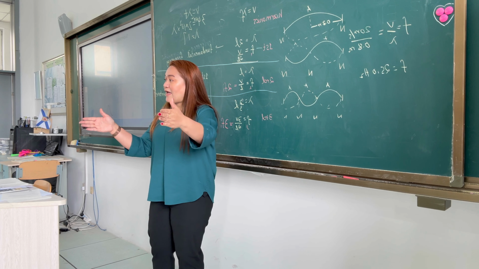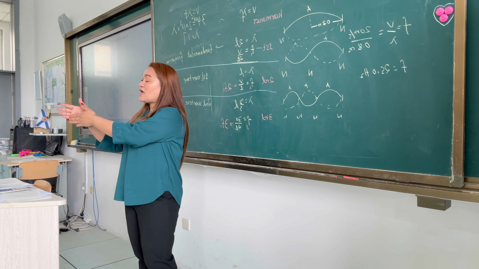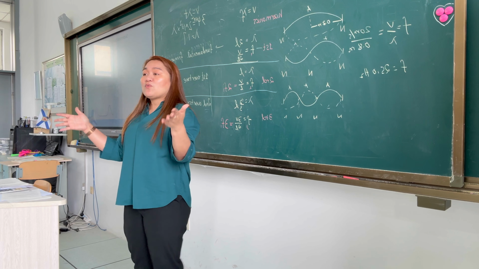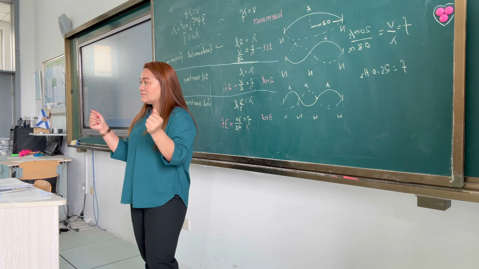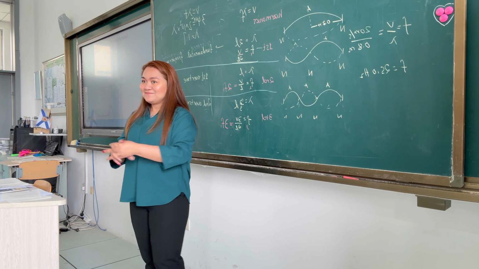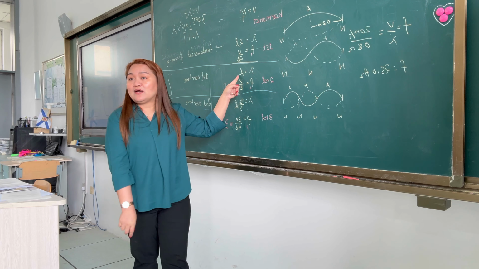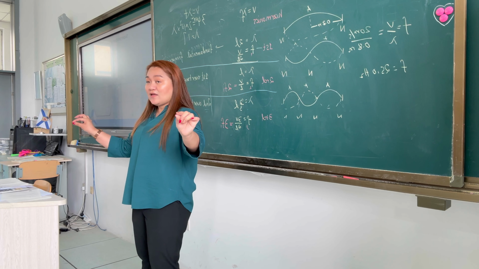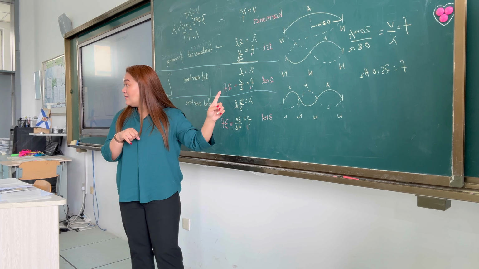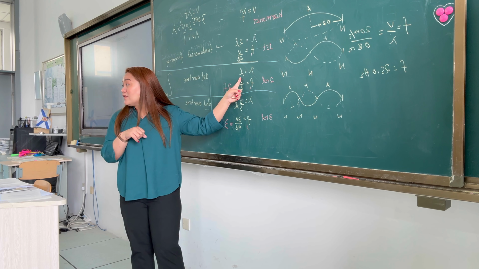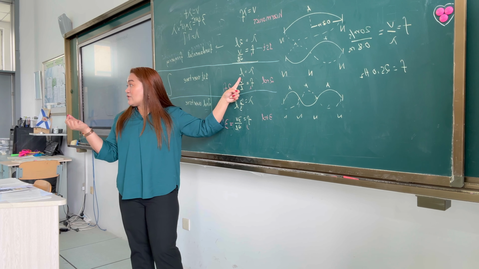If that's the length, and it formed two antinodes, which is one full wave, what is the wavelength? The wavelength is just equal to the length of the string. Did you get me? The wavelength is just the full length of the string.